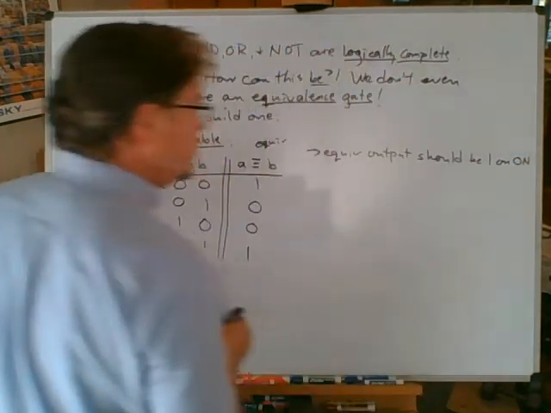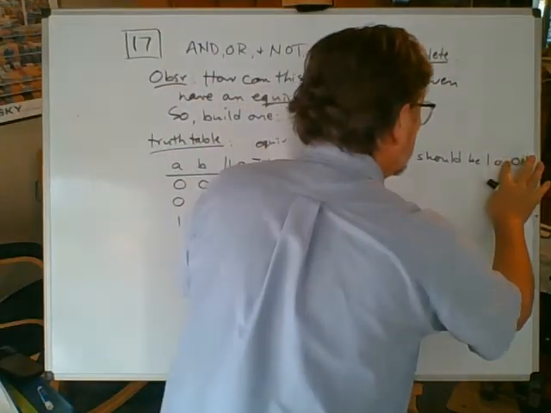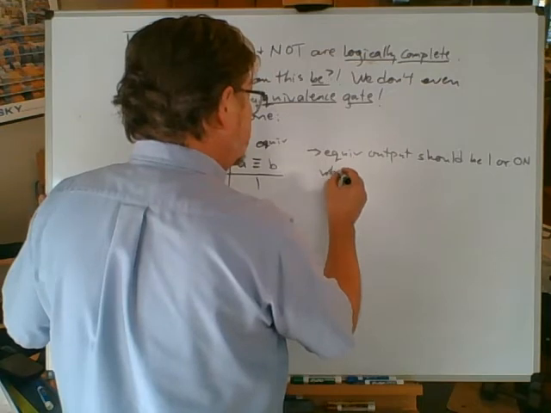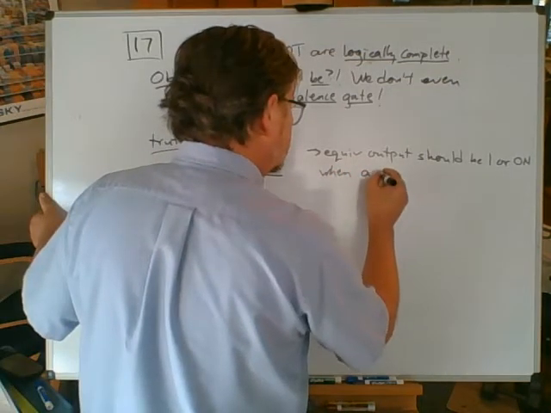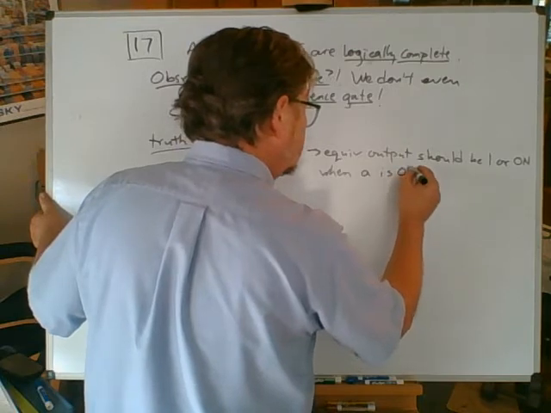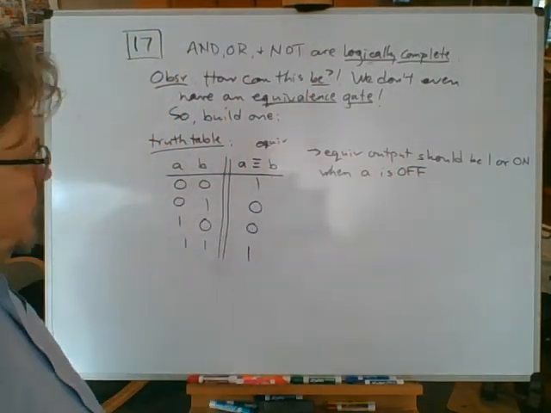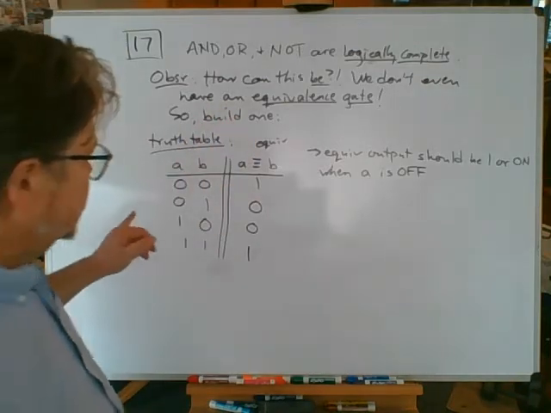I'll start talking in terms of on and off like light switches. If you'd rather write that as A is 0, that's okay. That comes directly from the table. I'm trying to translate it into an English description. Maybe I'm not doing a very good job.